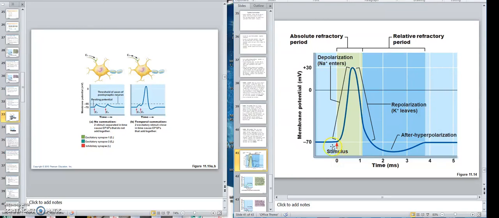Look, it's a little over 1 millisecond, not including the hyperpolarization time, but a little over. So let's say that at the max, I'm looking at about 3 milliseconds, including all these refractory periods and everything.